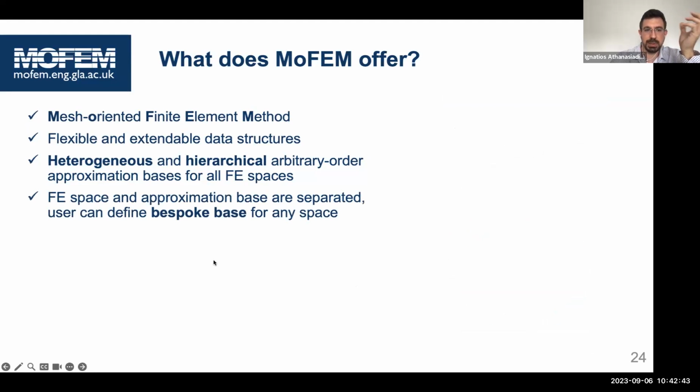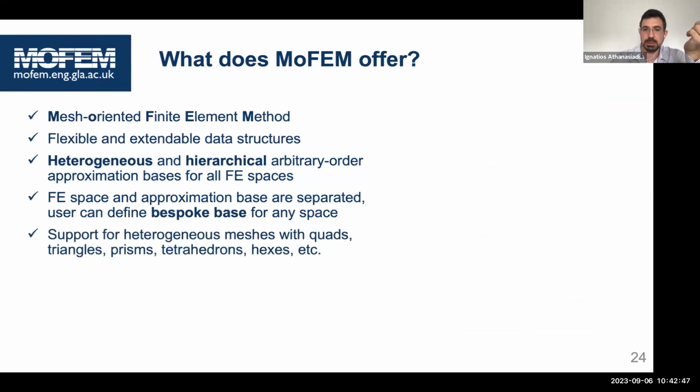Also, it's relatively easy to change between approximation bases and spaces, as I'm going to show later. And we have developed the code to be, in most cases, agnostic to the choice of having triangular elements, quadrilaterals, hexes, or tets. It handles subdomains and multiple fields quite efficiently and easily.